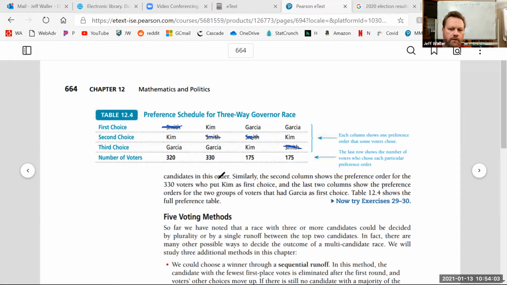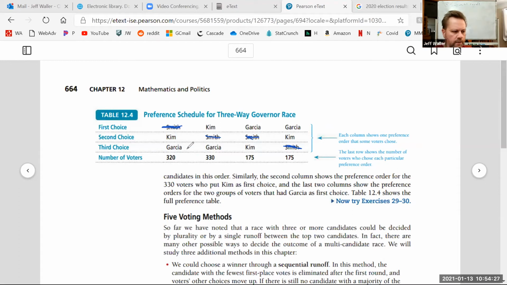Now, between Kim and Garcia, do you see how Kim's got 650, just imagining Smith's not there, and Garcia still has 350? So Kim would win in a sequential runoff situation.